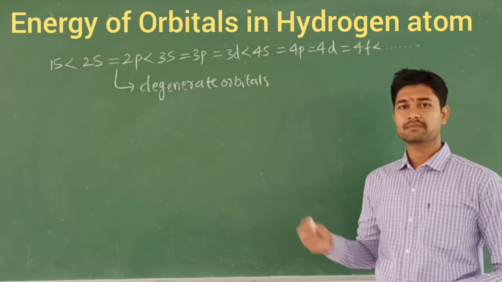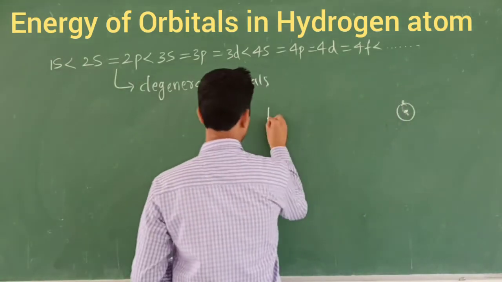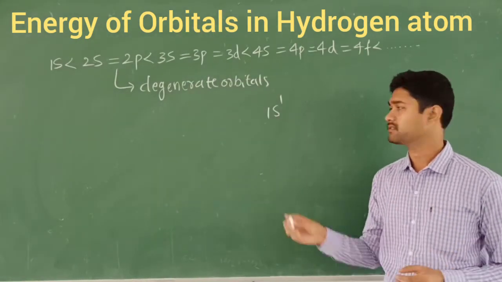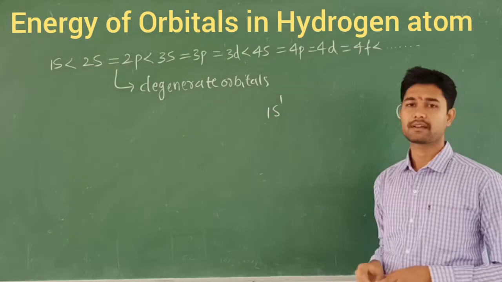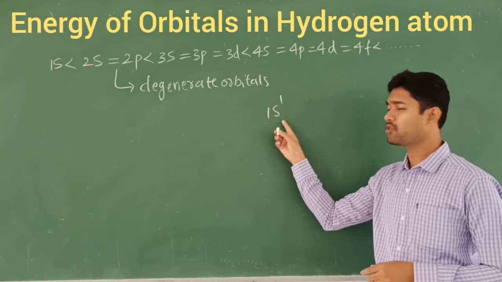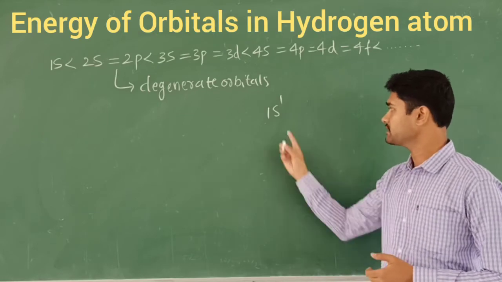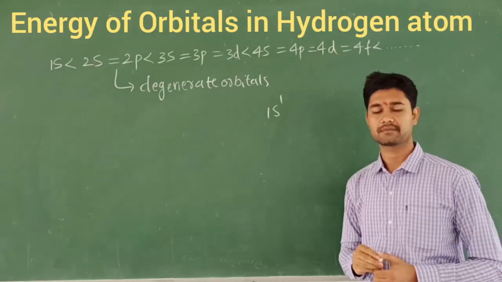And hydrogen means one electron, so I am going to write it as 1s1. This is called the electronic configuration of hydrogen, which contains only one electron. This is the most stable condition for the hydrogen element, and it is also the lowest energy.